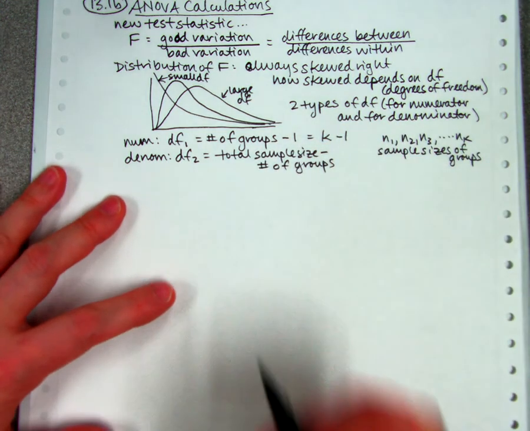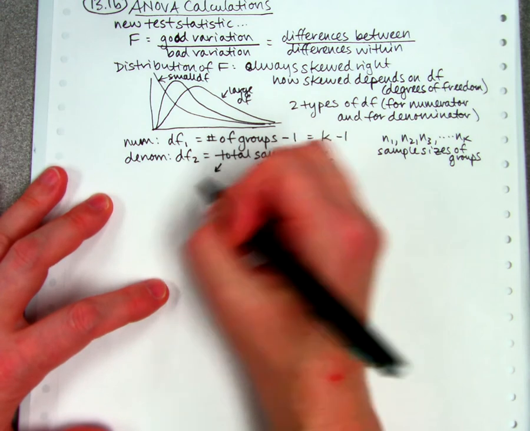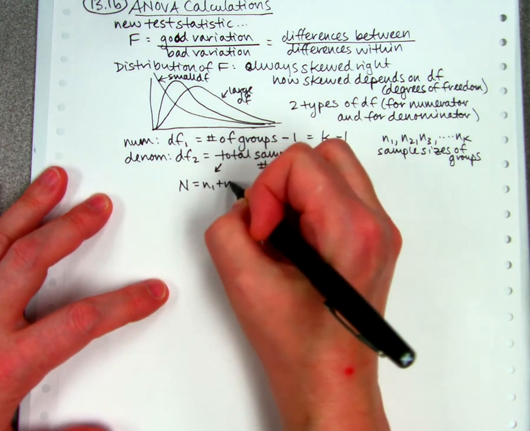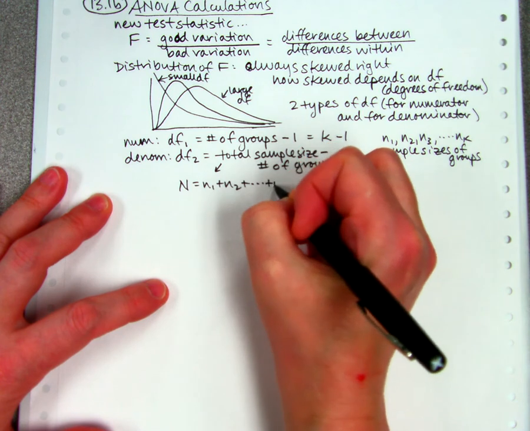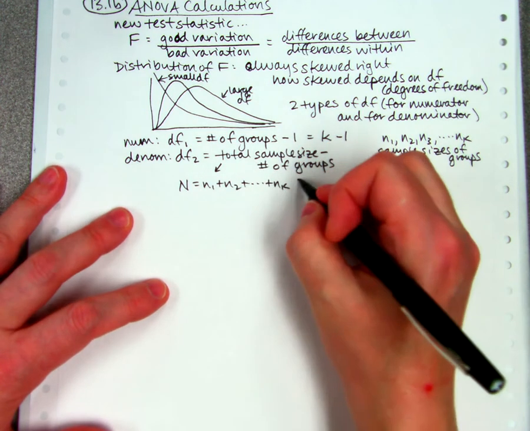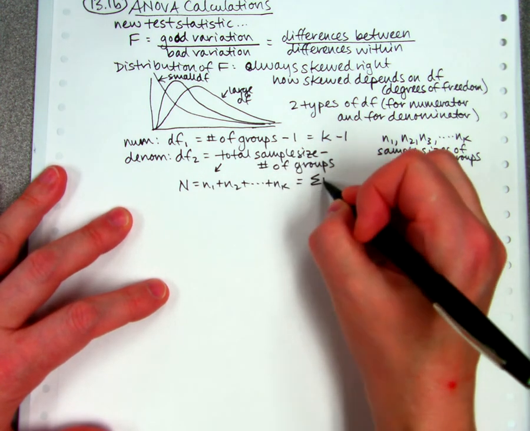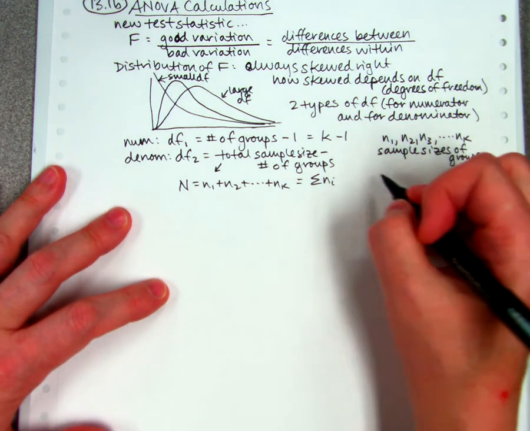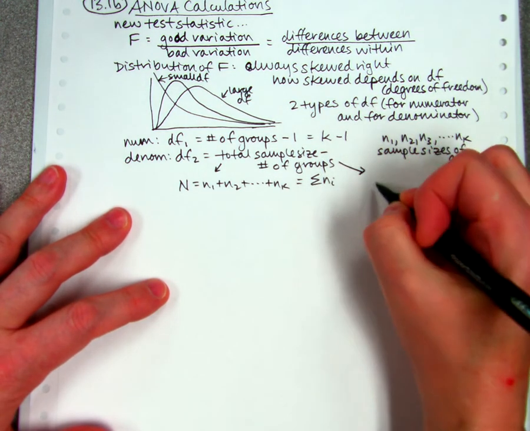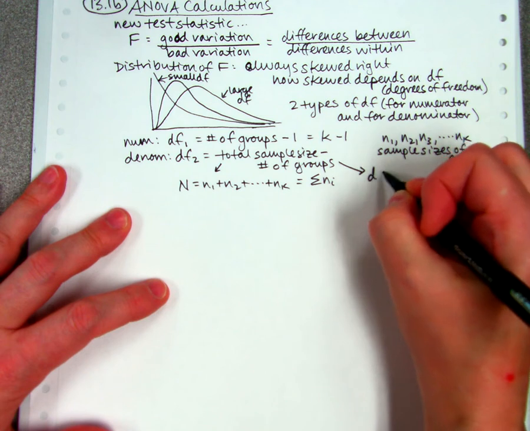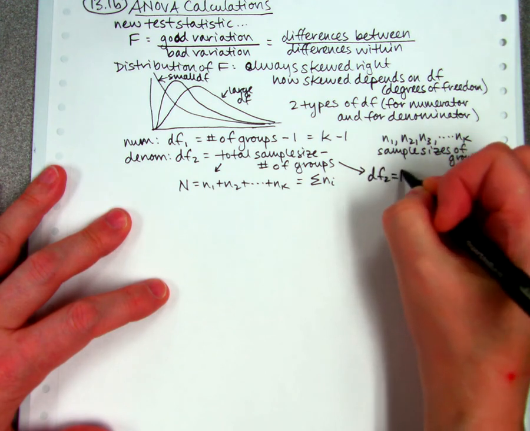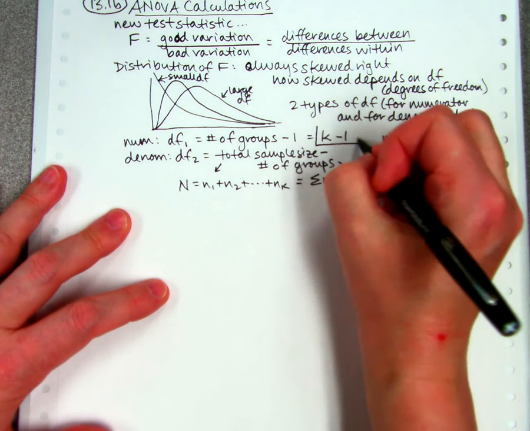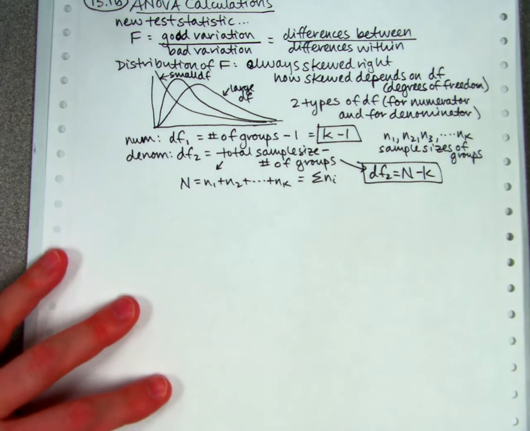The total sample size is called capital N, which is the sum of n1 plus n2 plus all the way up to nk. Or you could write it with sum notation if you wanted to. The sum of all the n's is capital N, and so df2 is officially capital N minus k. So those are the two things you need to know for df.